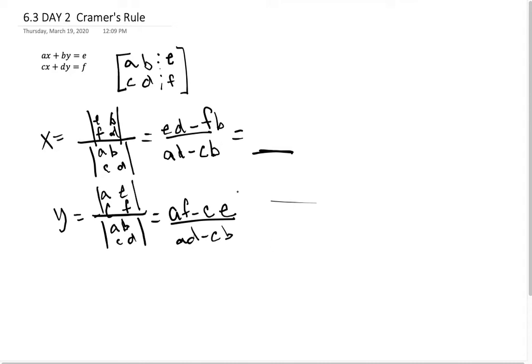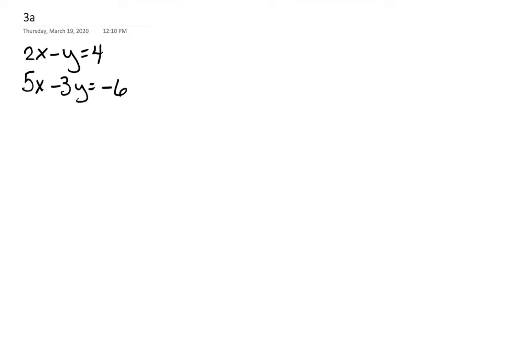Anyway, let's do an example. This is 3a from your textbook: 2x minus y equals 4, 5x minus 3y equals negative 6. I'm going to start by setting up my matrix so I can visualize it better. So 2, negative 1, 5, negative 3, and then 4 and negative 6.